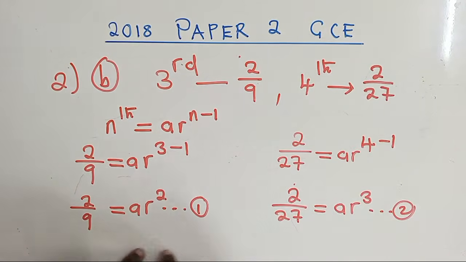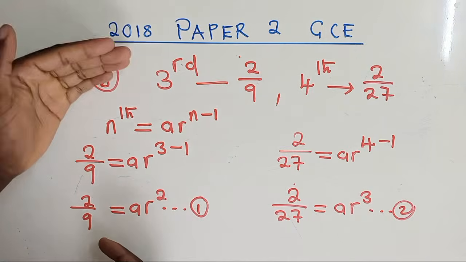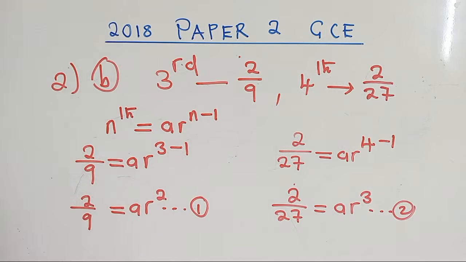Is it okay up to here? Because I want to rub. Is it okay up to here? Somebody to confirm if it's clear from here up to where we are here.